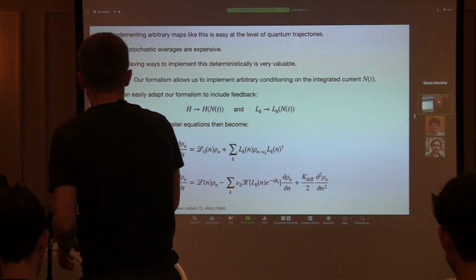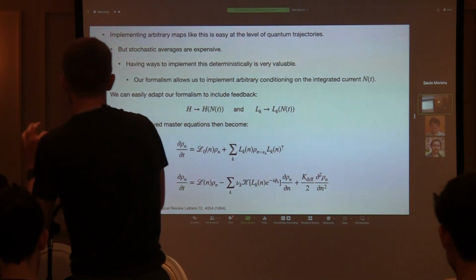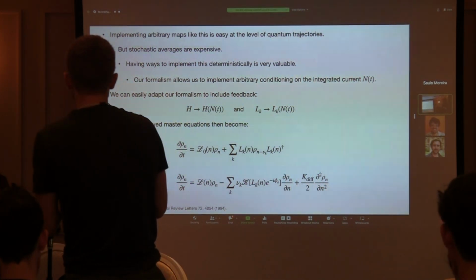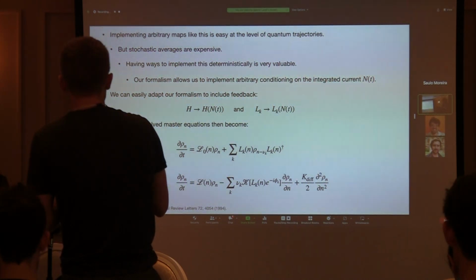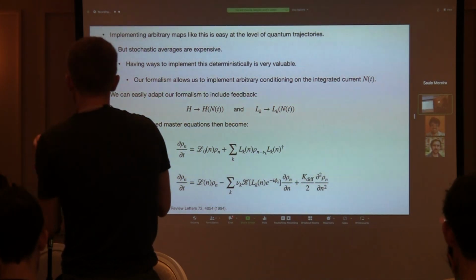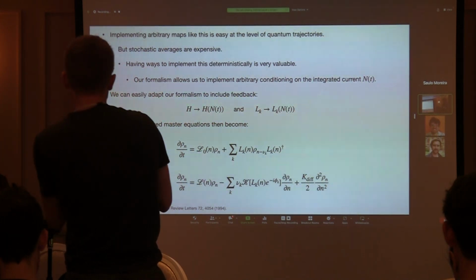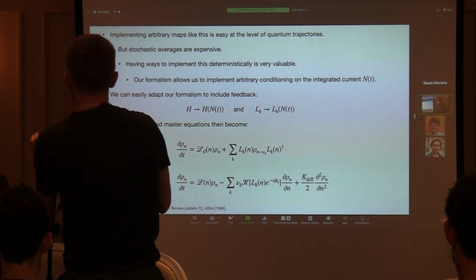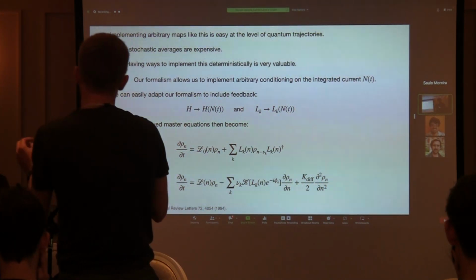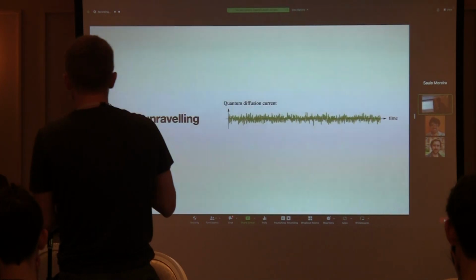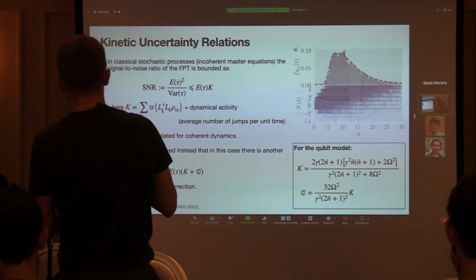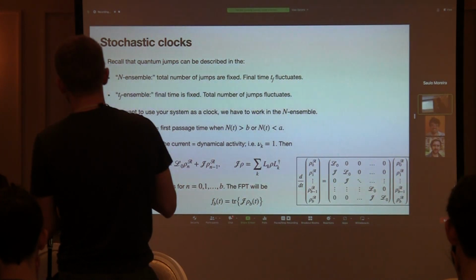So in the uncertainty of this first passage time, now also relating this somehow to clocks, is there a relation between this and the time it takes the whole system to actually exit this region of interest? I'm not exactly sure I follow.